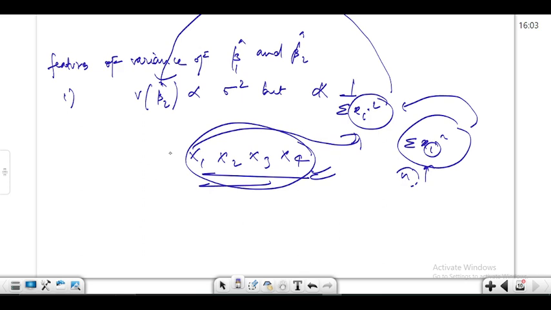So we are taking some interpretations out of the formula itself: what the formula means and what it is trying to express.